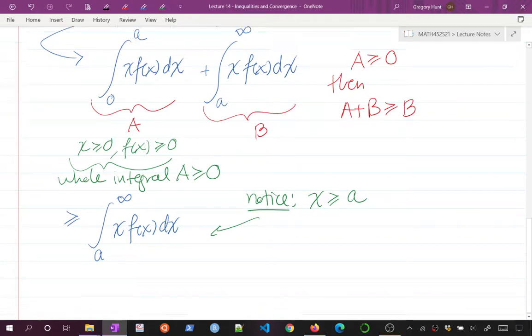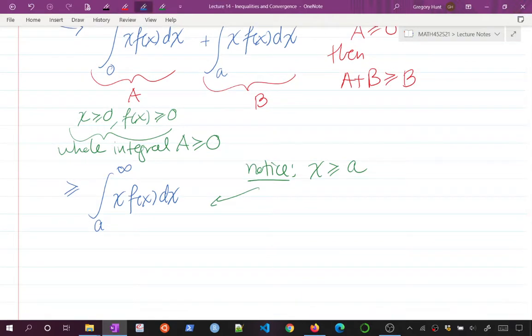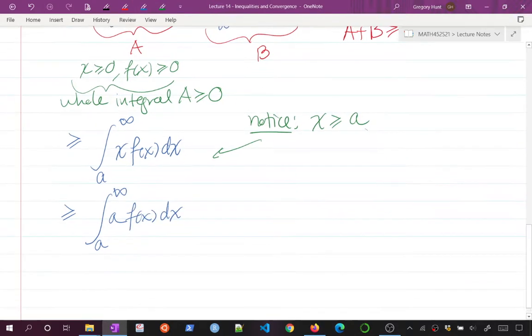And so I can certainly say that if I replace something in this expression with something smaller, I'll get something smaller, right? So I can say this is greater than or equal to, I can replace that x with an a, because x is bigger than a, so I maintain my greater than or equal to sign here. So I can say this is greater than or equal to the integral of a f(x) dx from a to infinity.